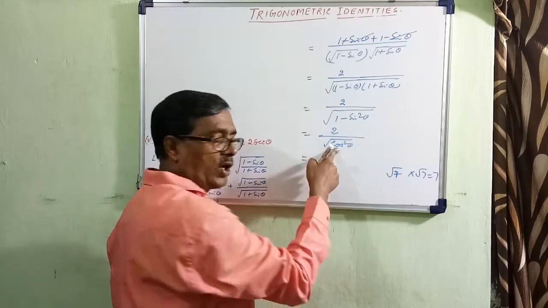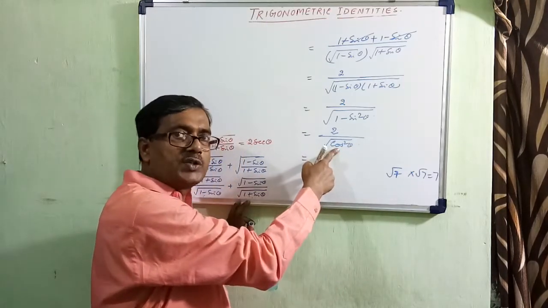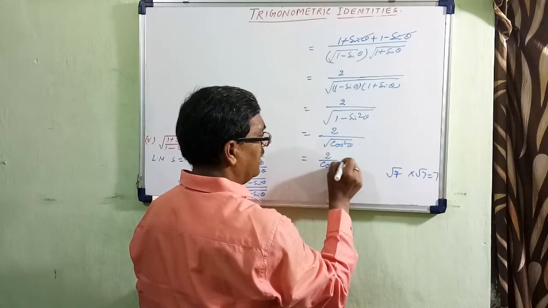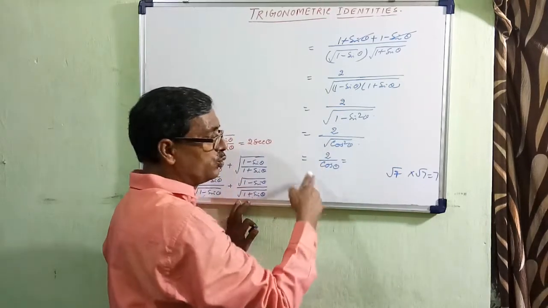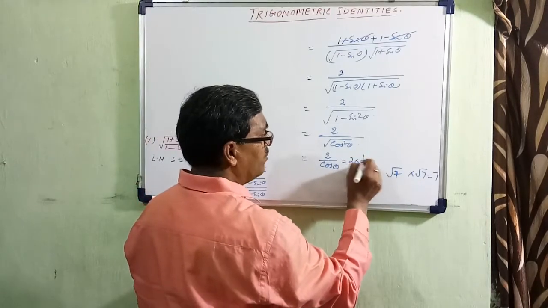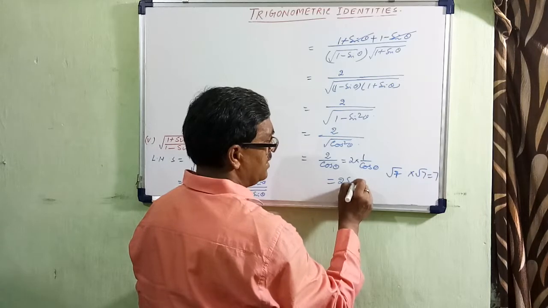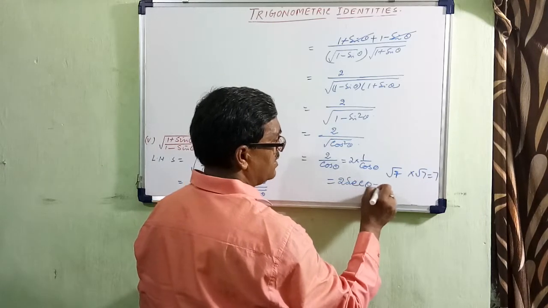And what is the square root of cos square theta? Only cos theta. So it will be 2 by cos theta. And 2 by cos theta means 2 into 1 by cos theta, and 1 by cos theta is equal to sec theta.